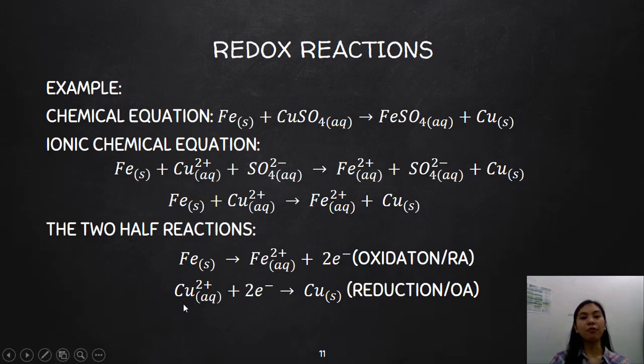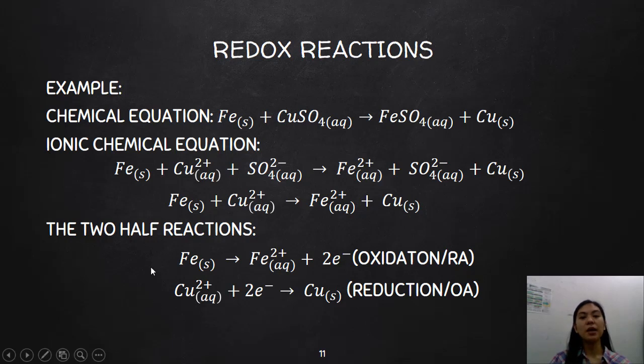For the other half reaction, which involves copper, you have on the left side a copper ion having a 2+ charge, and it will yield copper, which is a solid. Again, for the reaction to be balanced, you have to add 2 electrons on the left side, so that 2 plus negative 2, since each electron is negative 1, times 2, will yield 0.